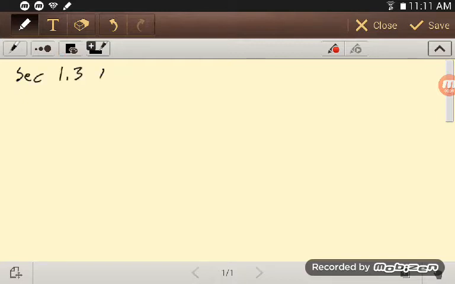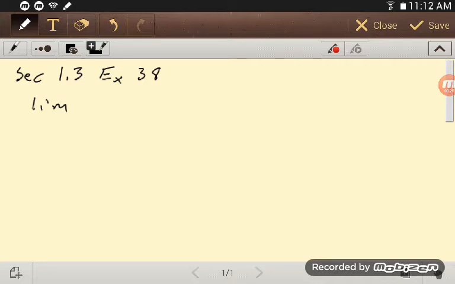Section 1.3, exercise 38. Now we're finally getting into more interesting problems. You know, in math, when we say more interesting, it usually just means they're harder.